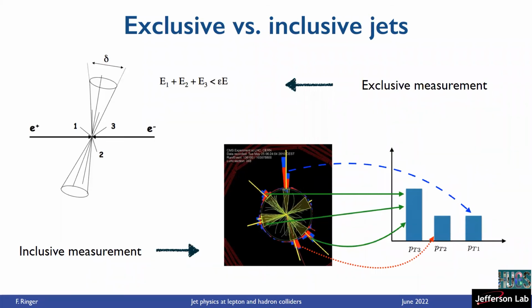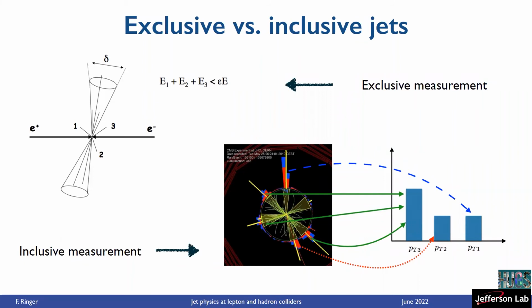If you look at, for example, JLab physics, and you do SIDIS experiments, or hadron measurements at a lab, usually you do these kinds of inclusive measurements, where you just take all the hadrons you can find and put them in appropriate bins. So every event is counted in that sense several times: depending on how many jets I find, I'll measure all of them. And that, as it turns out, leads to very different theory calculations than this one.